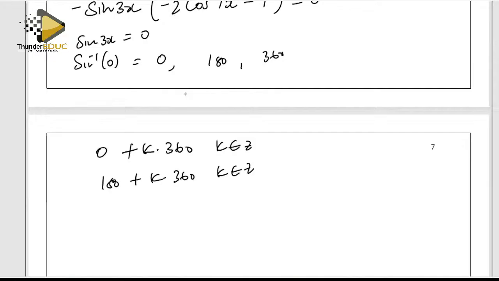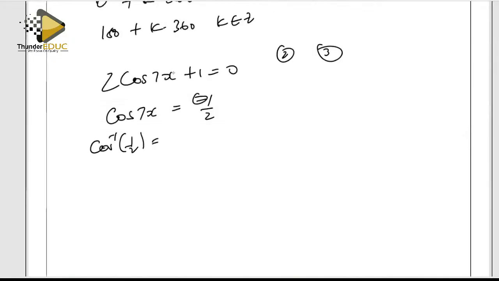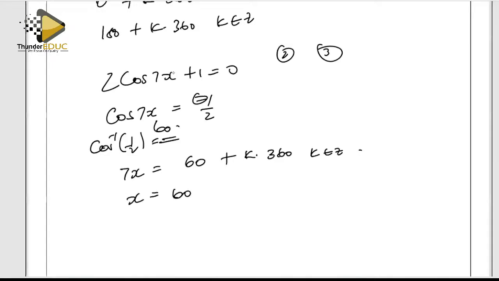So this may not really help. Gives me a 60. Okay, meaning that 7x is going to be 60 plus k times 360, k is an element of integers. Divide through by 7. I'll just leave it as 60 over, yeah, I can just change it. What is 60 divided by 7?